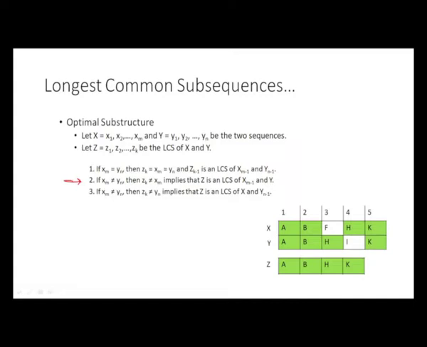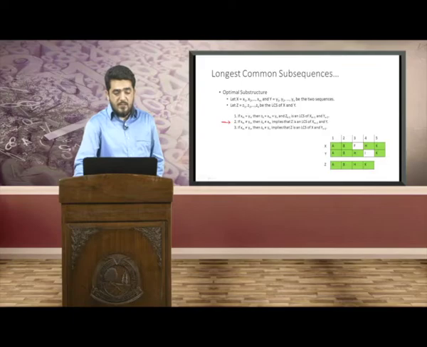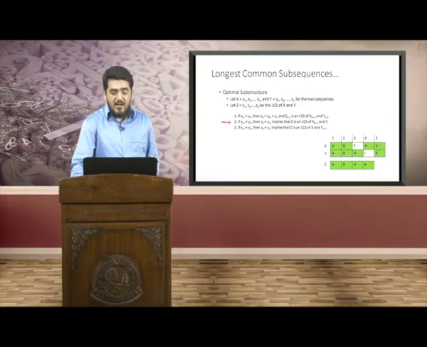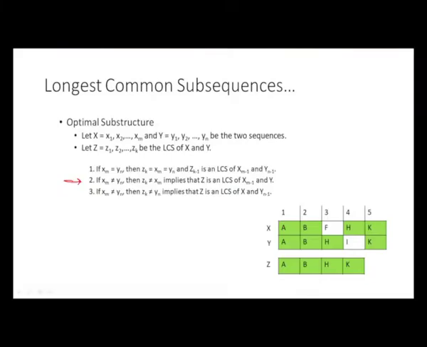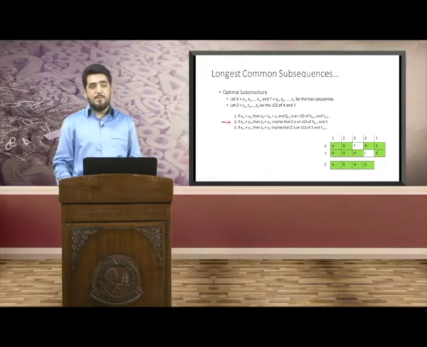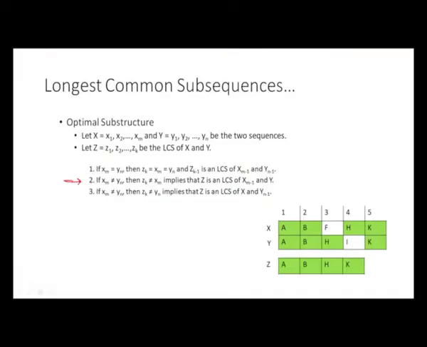Now the second case here considers the possibility that the last characters of the two input strings do not match. Now let's suppose the case is something like this. If the last characters of the two strings do not match, then zk, meaning the last character of our longest common subsequence, is not equal to xm, that is the last character of one of our input sequences.